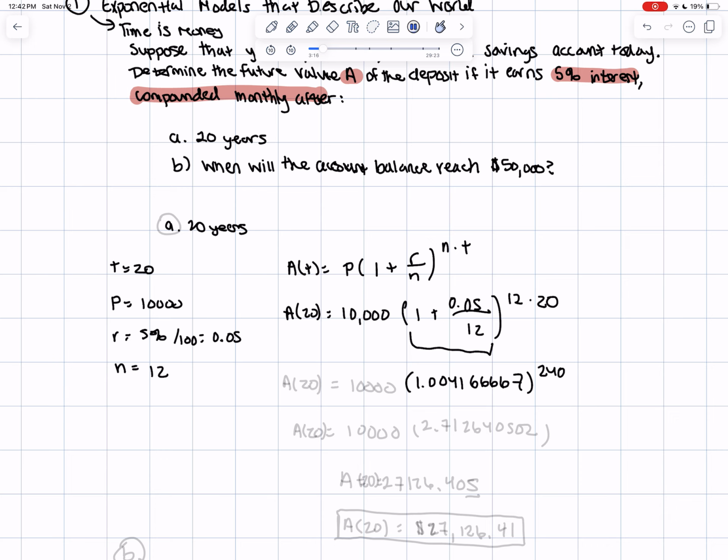So let's evaluate that. Raised to the 240, I get 2.7126400502. You multiply that by the 10,000.